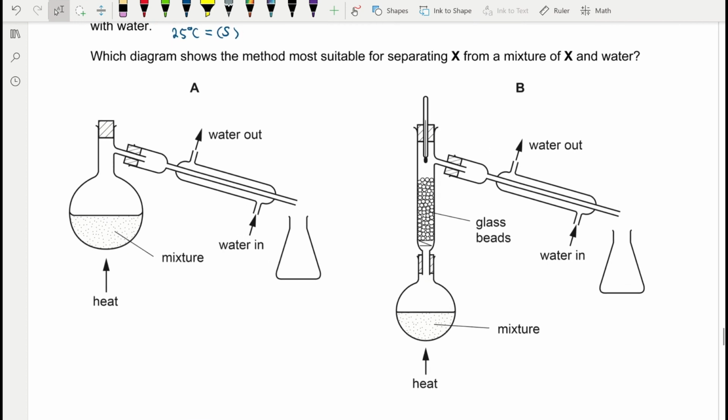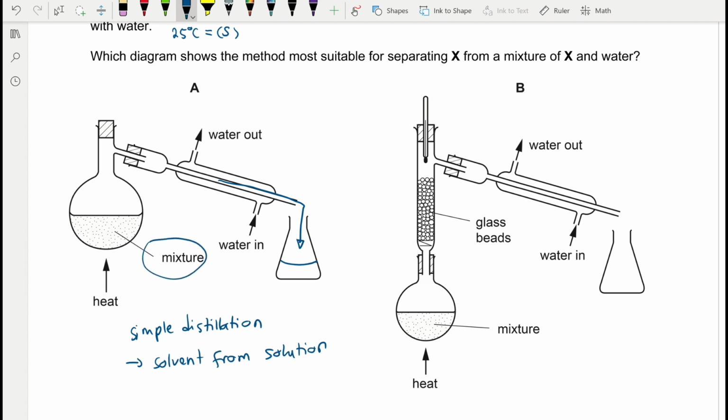Option A is called simple distillation, and it is usually used to separate the solvent from the solution. The solvent will evaporate first, then condense in the condenser and separate out into the conical flask here, whereas the solution remaining will become more and more concentrated over time.